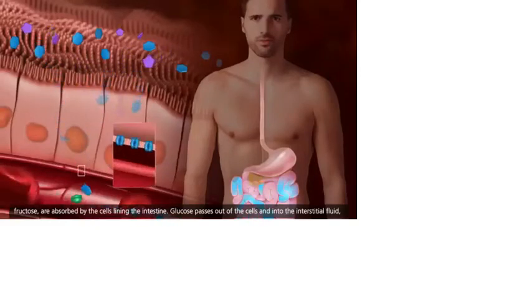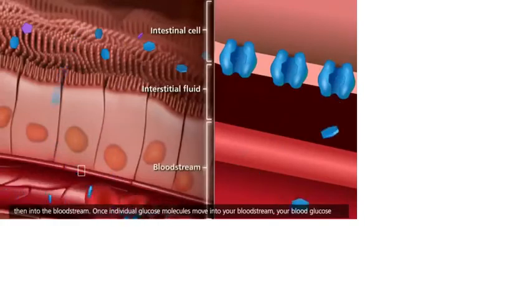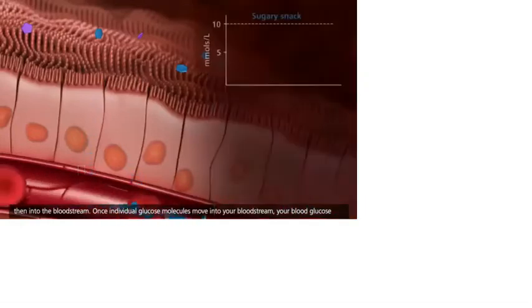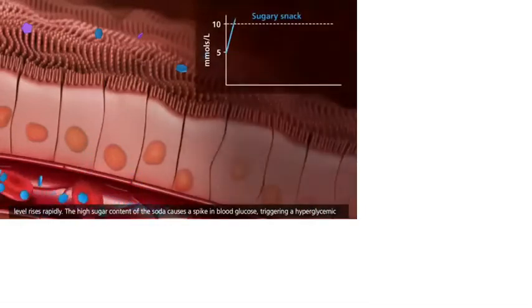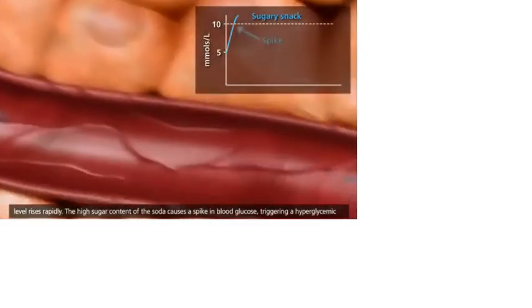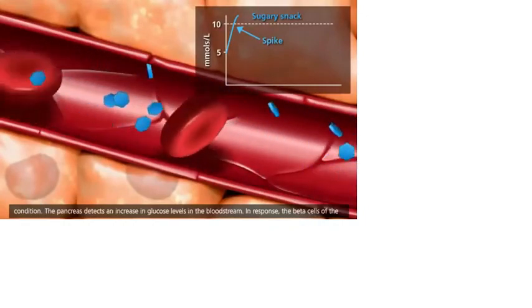Glucose passes out of the cells and into the interstitial fluid, then into the bloodstream. Once individual glucose molecules move into your bloodstream, your blood glucose level rises rapidly. The high sugar content of the soda causes a spike in blood glucose, triggering a hyperglycemic condition.